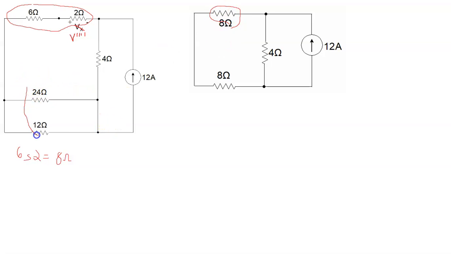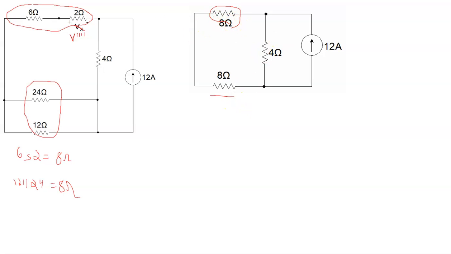We have these two in parallel, and we know now that 12 in parallel with 24 is also 8 ohms. And that 8 ohms then becomes this one.